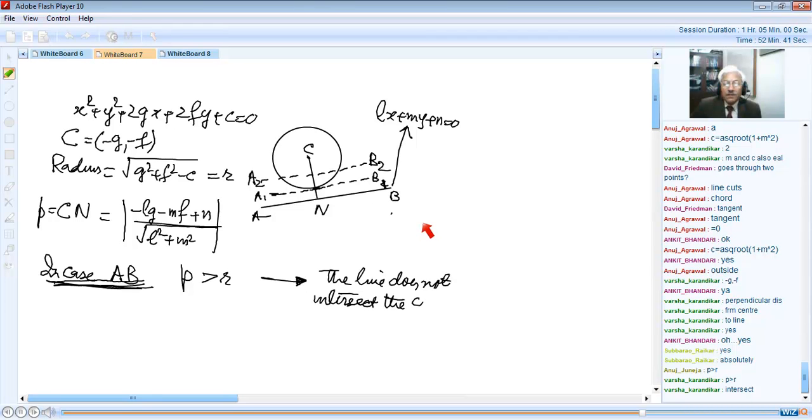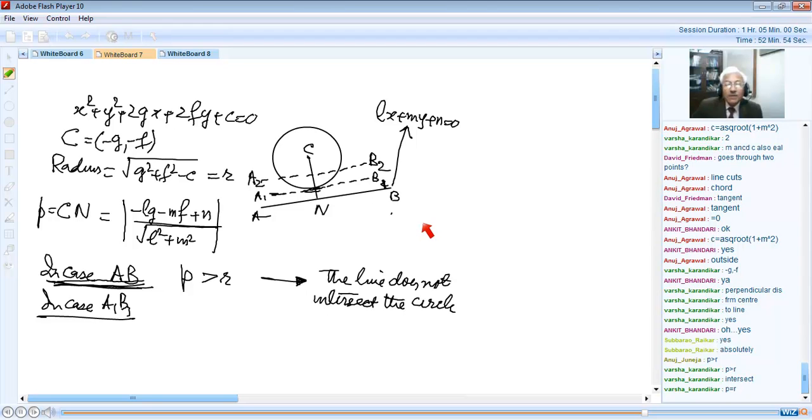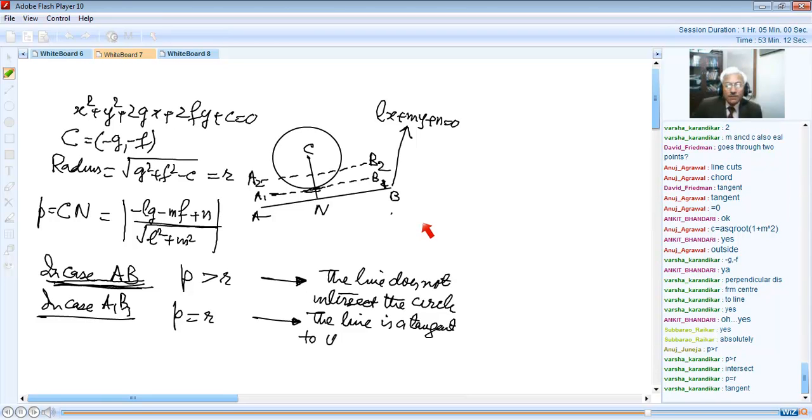Now in case of A1B1, if A1B1 is the line, what can you say? Yes, P is equal to R. What can you say when P is equal to R? The line is the tangent to the circle.